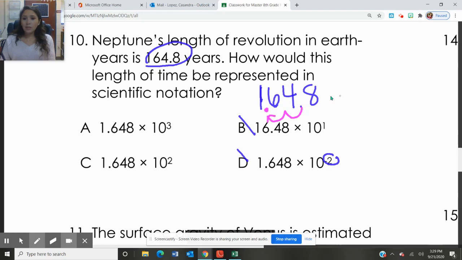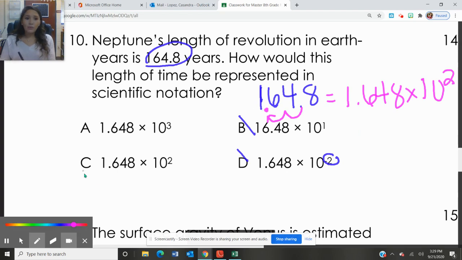So what this is telling me is that my number in scientific notation is 1.648 times 10 to the second power. And it's to the second power because I moved my decimal place 2 spots. Okay, so that would make our answer C. Okay, let's go on to question number 11.